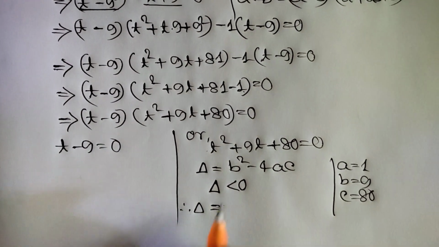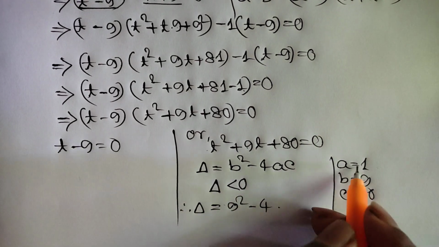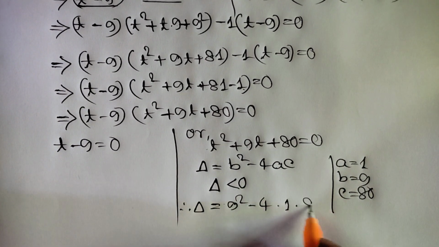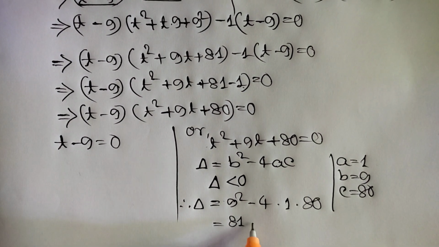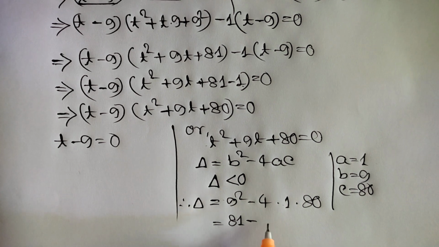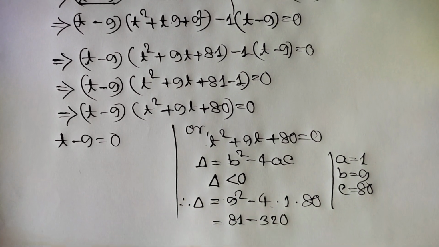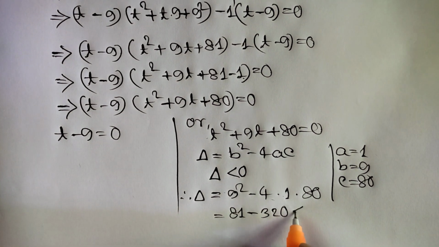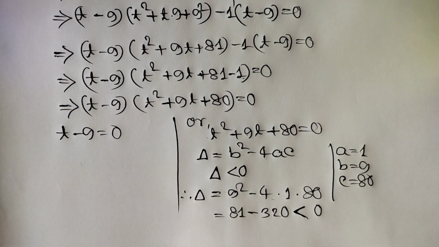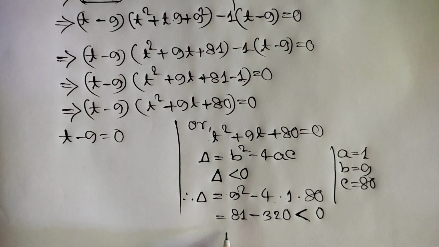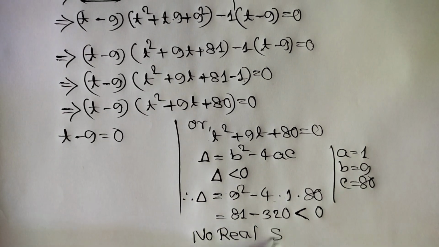So delta is equal to b squared, that means 9 squared, minus 4 times a, that means 1, times c, that means 80, is equal to 81 minus 4 times 1 times 80, that means 320, and this is less than 0, so there are no real solutions.